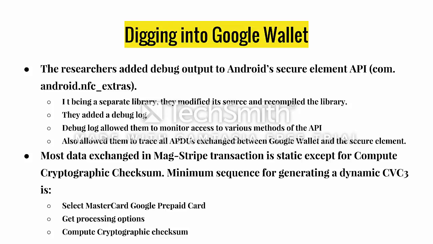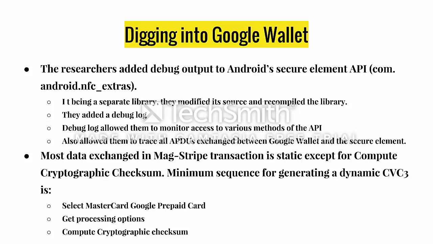Now, most of the data exchanged in a magstripe transaction is static for all transactions. Compute cryptographic checksum is the only APDU command response pair that contains dynamically generated data that differs for each transaction: the unpredictable number generated by the POS, and the transaction counter and CVC3 codes generated by the card.